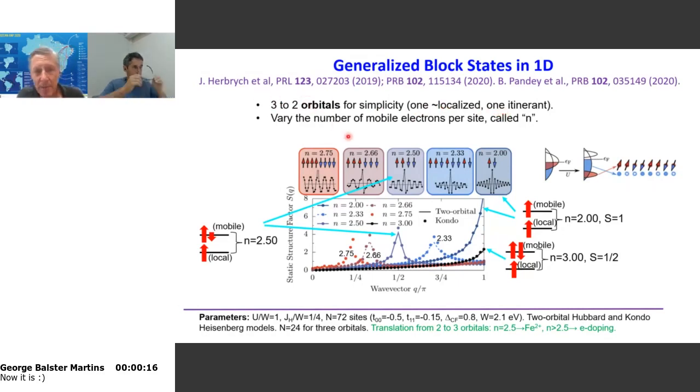And he and collaborators, they changed the electronic density and found a variety of other unexpected states. For example, at a particular density, they found these blocks, 3 up, 3 down, or 4 up, 4 down. But the area in parameter space was getting smaller and smaller.